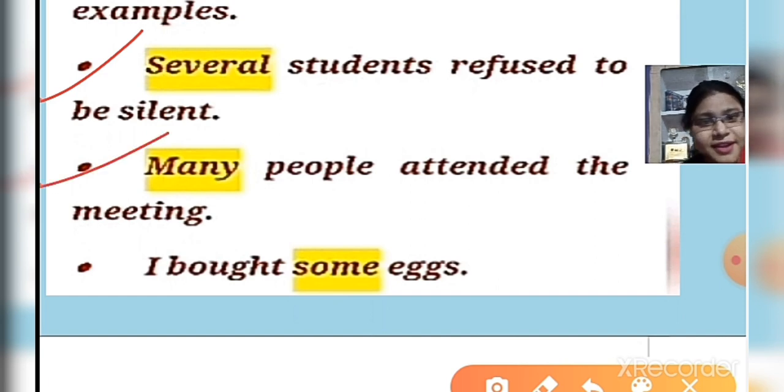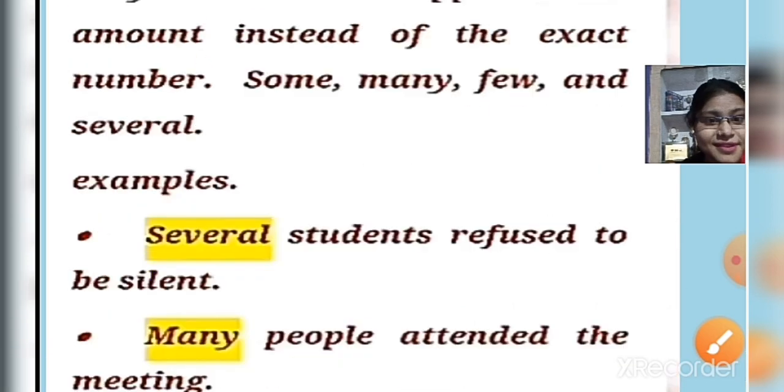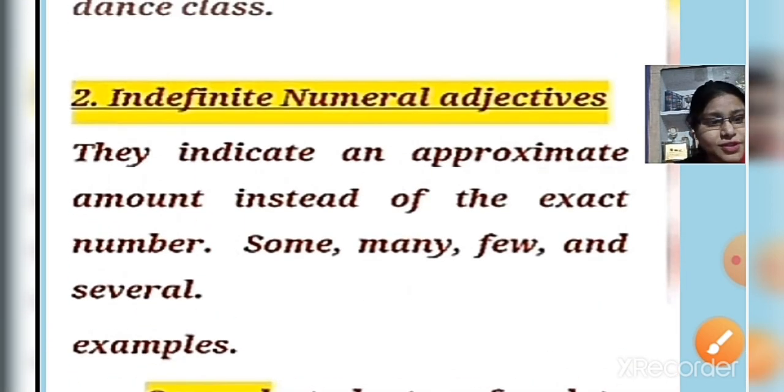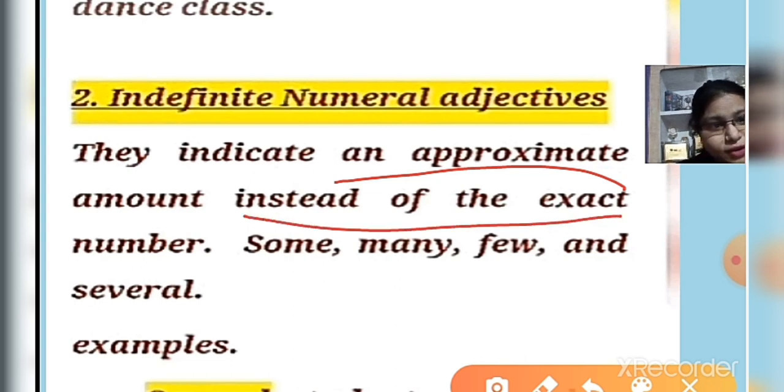So the word many again is an indefinite numeral adjective. Then the next says, I bought some eggs. So some eggs, it can be 5, it can be 4, it can be 8, more than 8. So it is an approximate number. It is not giving the correct amount. It always shows an approximate amount instead of the exact number. So I hope that indefinite numeral adjective is clear to you.